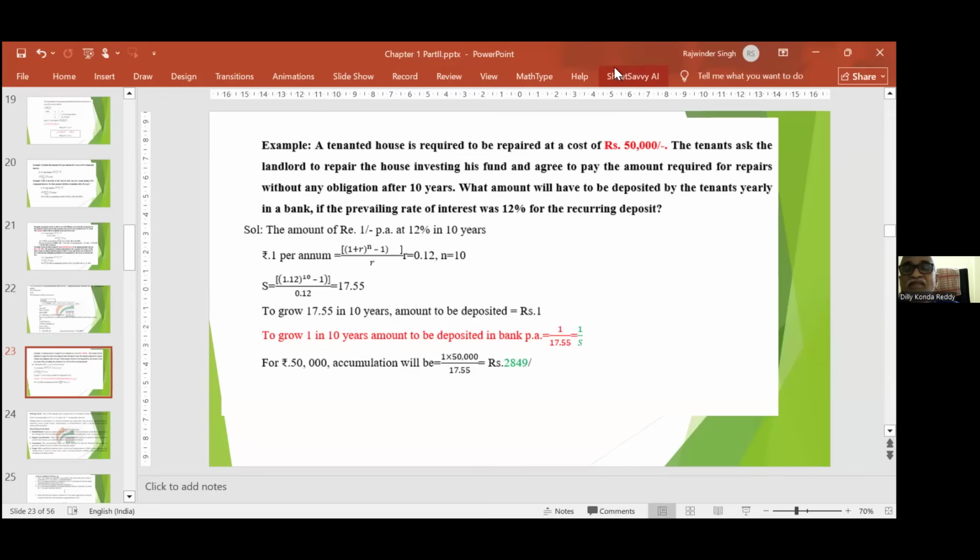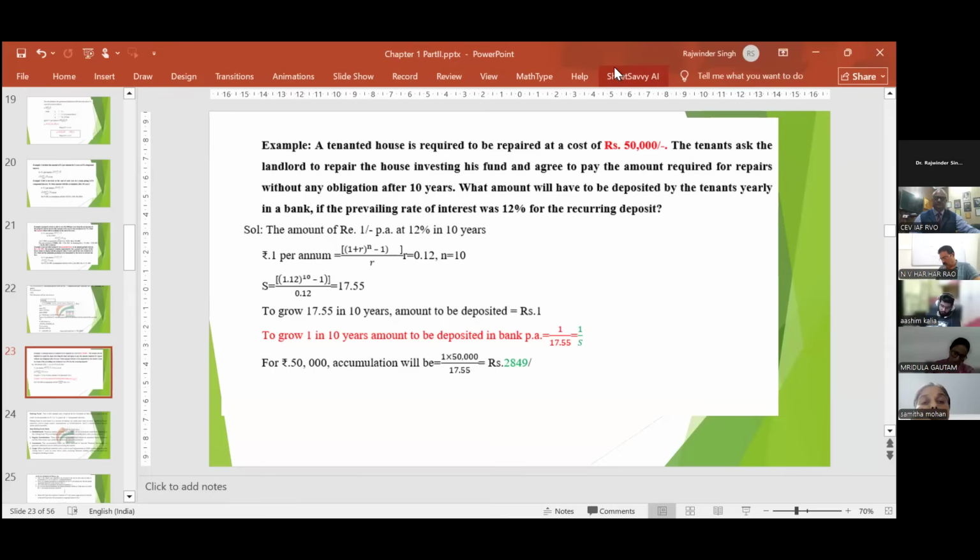We will return this amount after 10 years without any interest. Now, what does the tenant do? They start depositing a certain amount in the bank so that they have rupees 50,000 after 10 years at 12%. Then how much amount should they deposit in the bank?